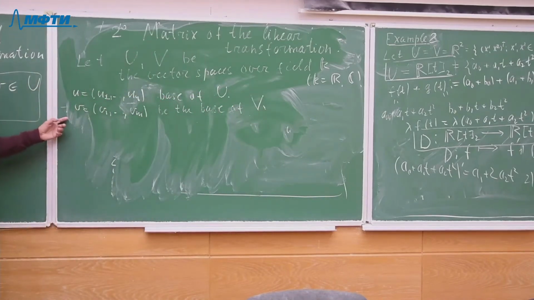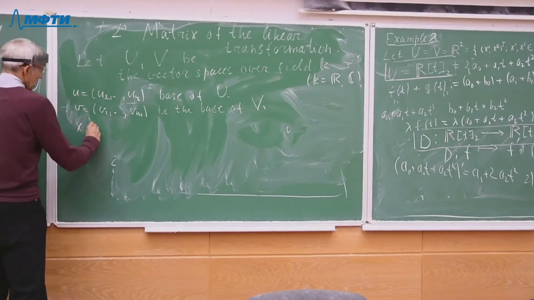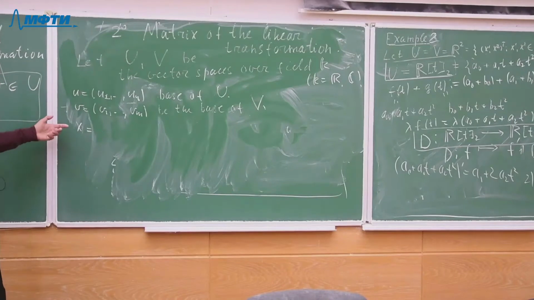If we choose two bases, we can correspond to any vector x in this vector space its coordinates.